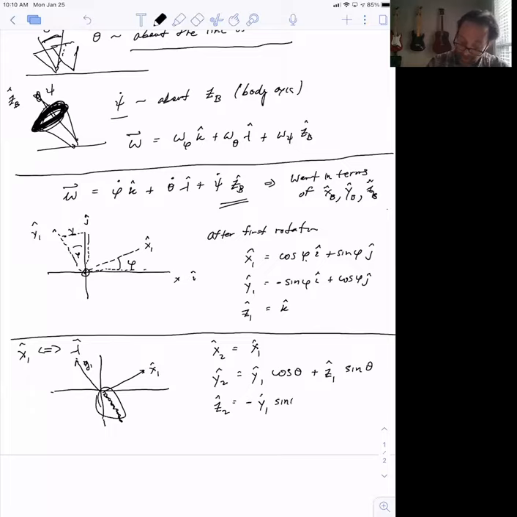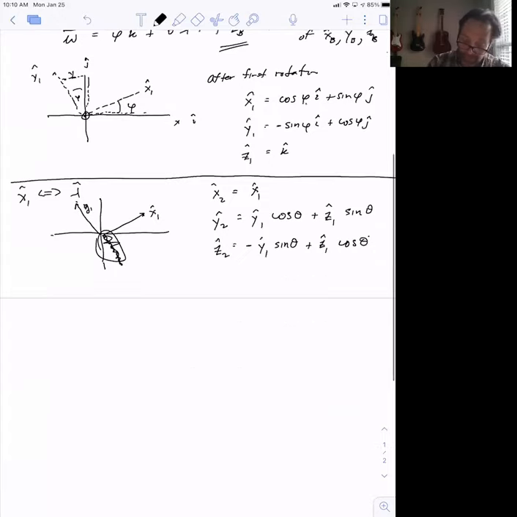That's the projection here, and that's got a piece up, and that piece up is z1 cosine theta. Remember where cosine theta is? Cosine theta is here. So here's z1 cosine theta, and here's back. And then finally, this is after the second rotation.